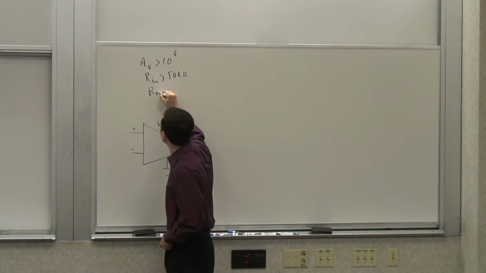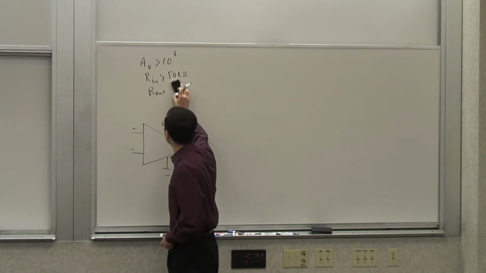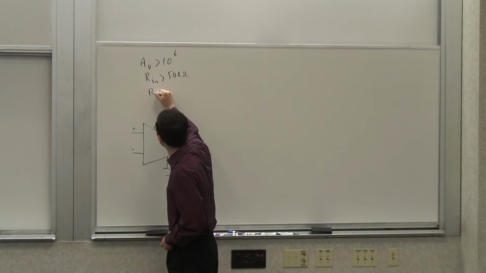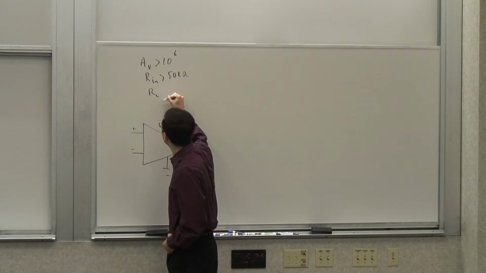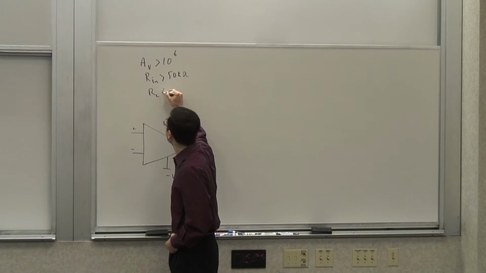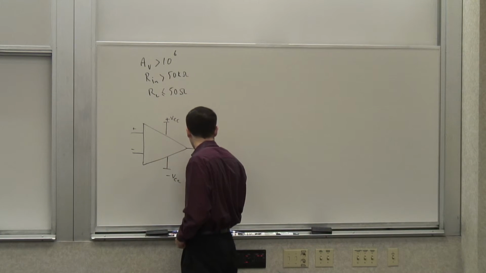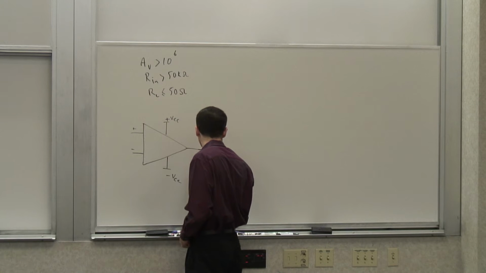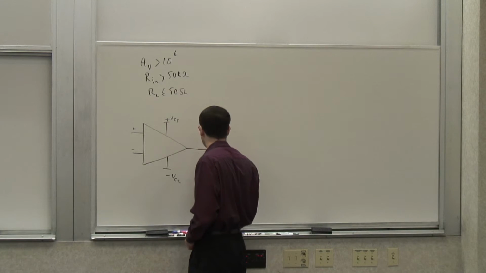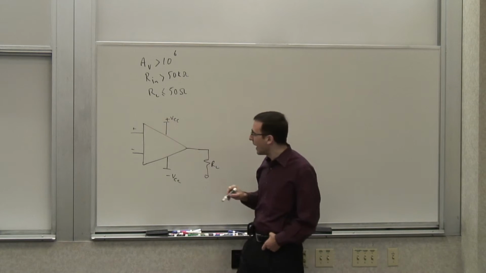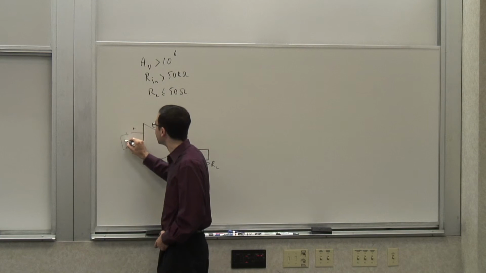And let's say I want to drive a load, an RL, that's greater than or equal to 50 ohms. So I want to be able to drive a load resistance RL that's greater than or equal to 50 ohms, and this is 50 kiloohms DC.